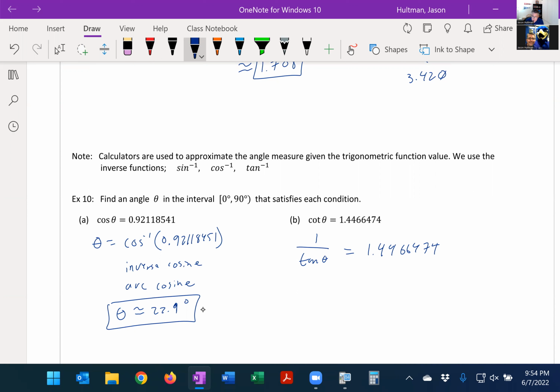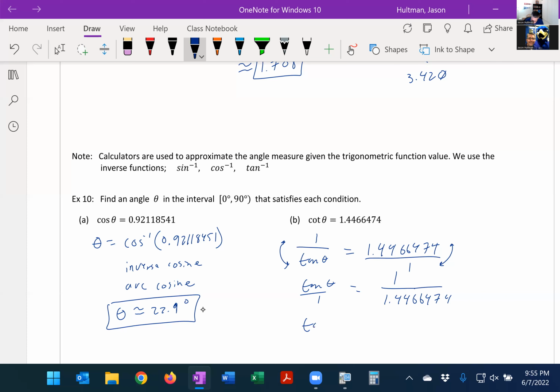Then how would I do the reciprocal? Well, I could put this over 1, and now I could just flip these guys upside down, both of them. And so the tangent of theta divided by 1 is equal to 1 over 1.4466474. So I do the reciprocal of that.